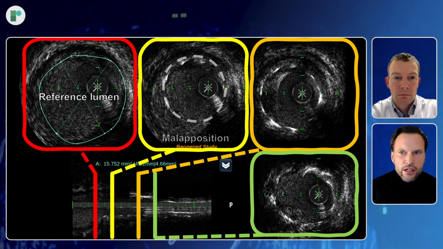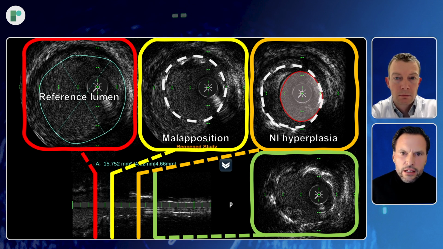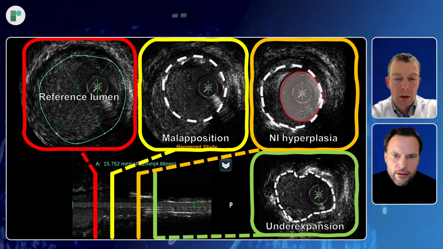What you see here are three different problems: this patient had a malapposition of his ostially placed stent, then a significant neointimal hyperplasia and a very proximal ostial part with a lot of calcification, and we had a significant stent under-expansion. And once again, just by looking at the angiogram, you don't really understand what's going on there.